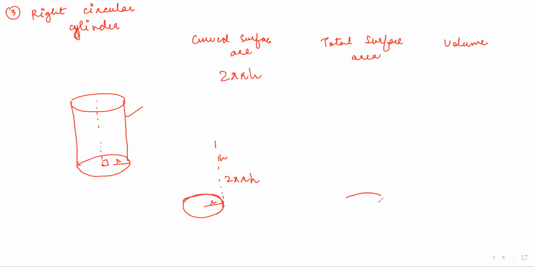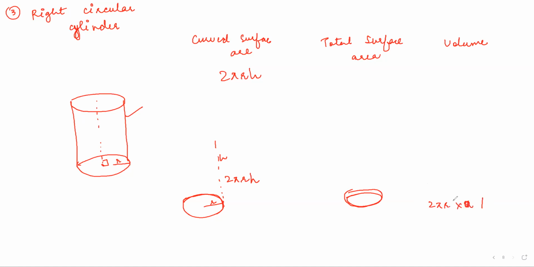It's like you have a ring, let's say a bangle, and you place another bangle on it. The height of one bangle is 2 pi r into 1.